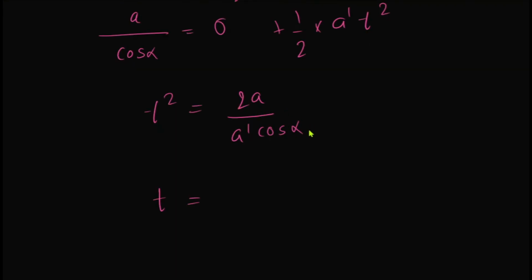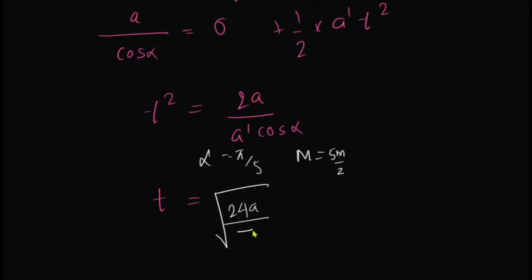If you apply alpha is equal to pi over 4, and capital M is equal to 5m over 2, and simplify A dash, the acceleration of the particle relative to the wedge, you are going to get the time to be 24a over 7g.